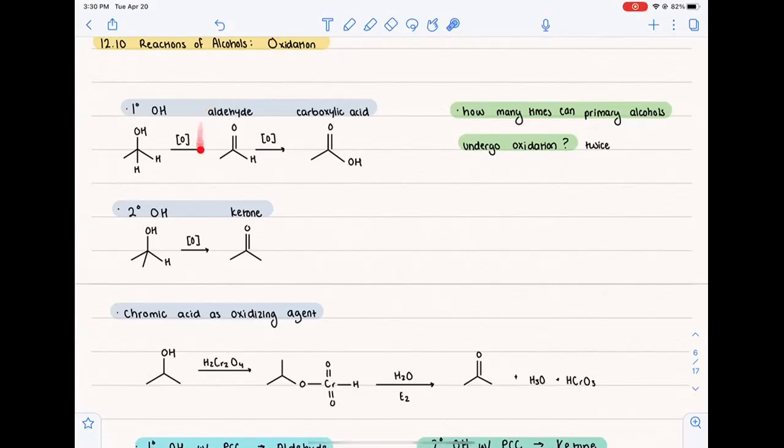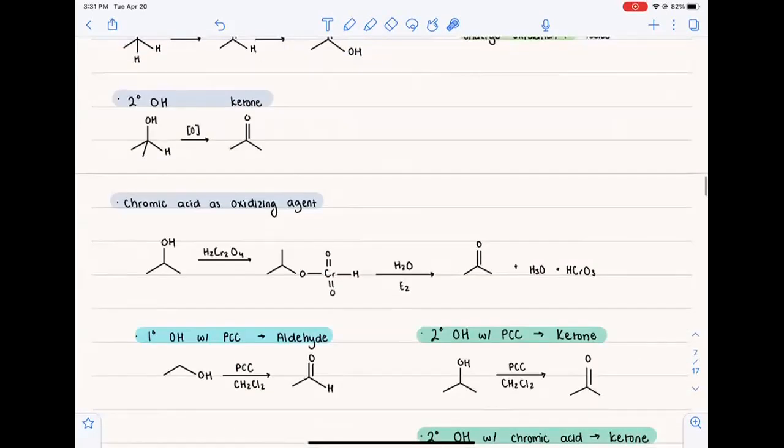The first time it's turning into an aldehyde, the second time it's turning into a carboxylic acid, depending on what it's reacting with. And over here, we have our secondary alcohol, and that's just going to turn into a ketone. And then tertiary alcohols don't get to react because they are connected to too many things.